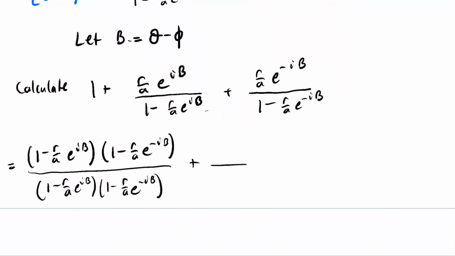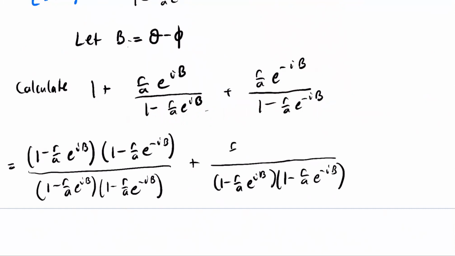And then similarly, let me do the same thing for these fractions. So I have 1 minus r over a e to the ib, 1 minus r over a e to the minus ib times r over a e to the ib times 1 minus r over a e to the minus ib, right? So that's the second term, right?